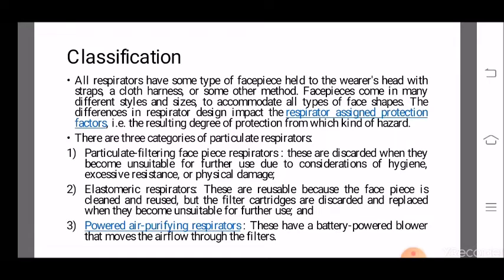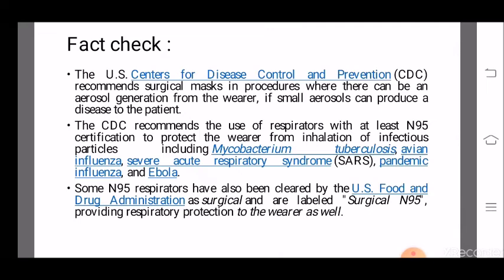We have to use a cartridge to filter air with different criteria in elastomeric respirators. Whenever we have hygiene concentration while breathing the air, we go for different respirator considerations as particulate, elastomeric, or powered air purifying respirator.